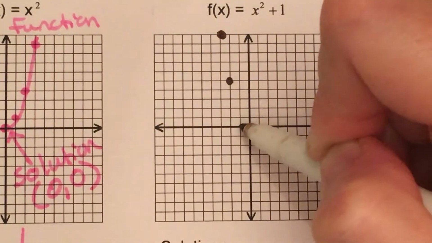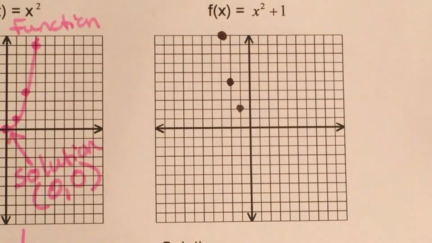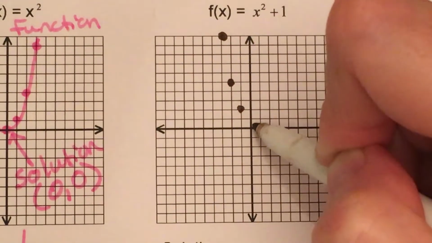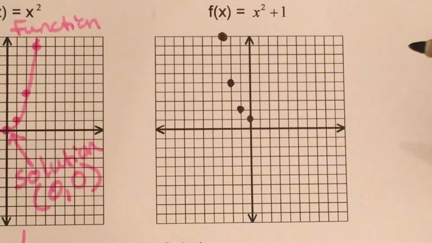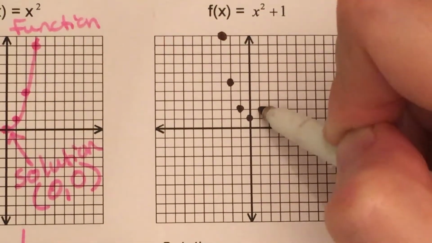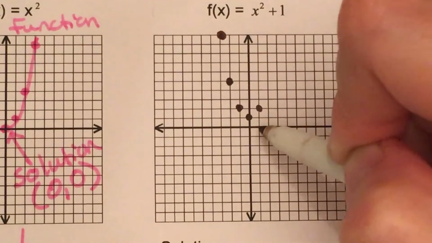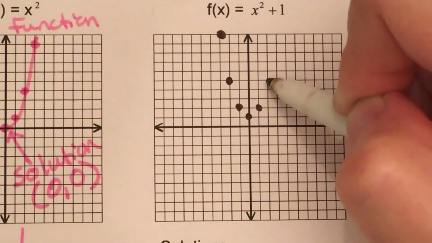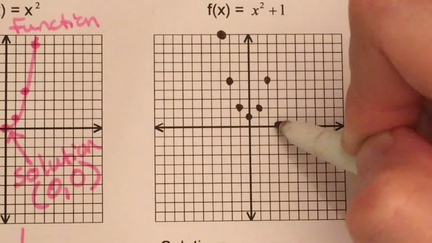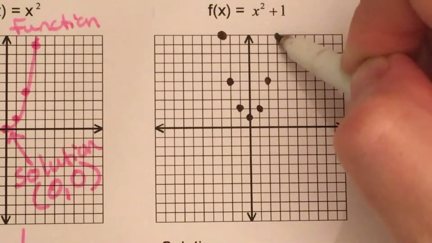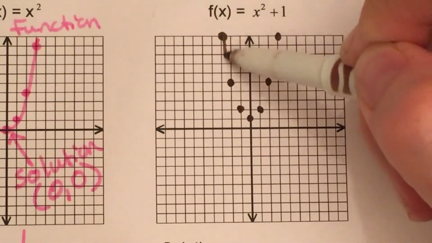Left 1, up 2. Over nothing, up 1. Right 1, up 2. Right 2, up 5. Right 3, up 10.